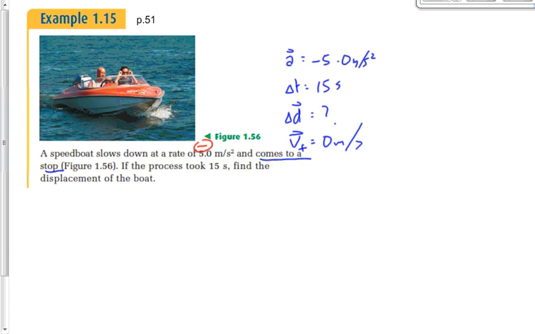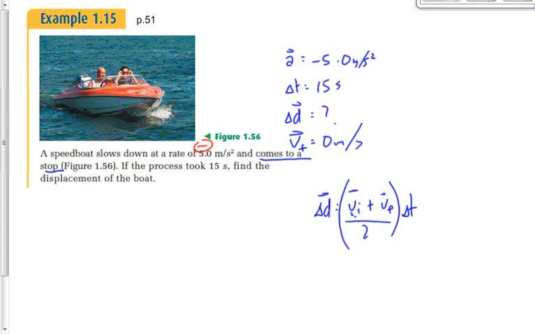How about this one? A is equal to VI plus VF over 2 times T. That's good, right? Is that a valid equation? Absolutely. Problem with it is, I don't know what VI is. So that's not going to really help me there.